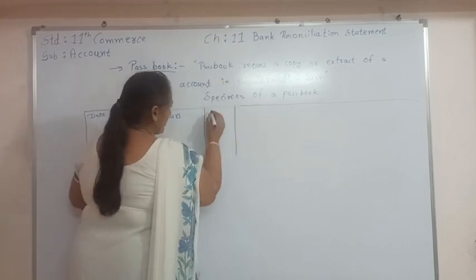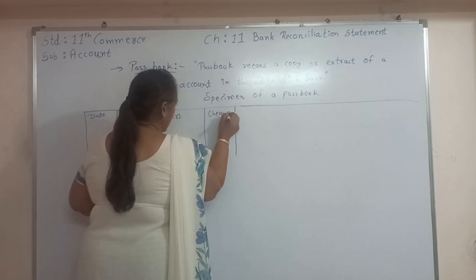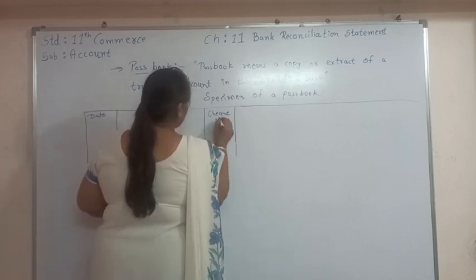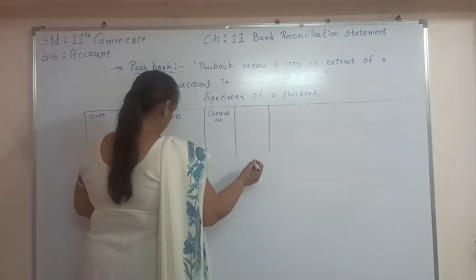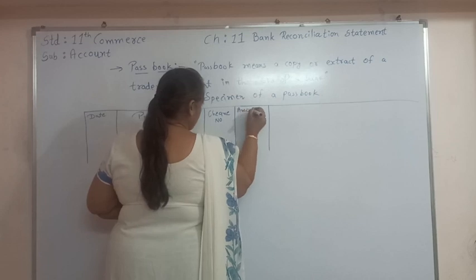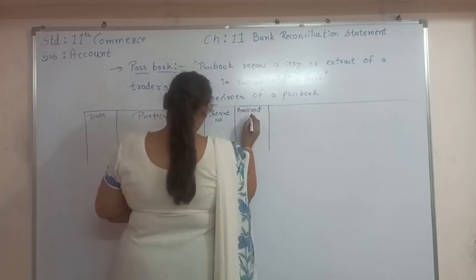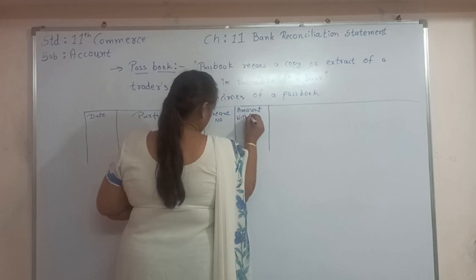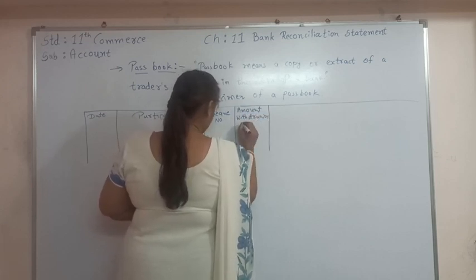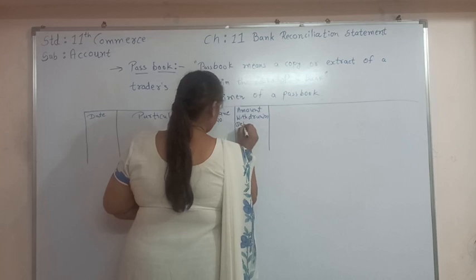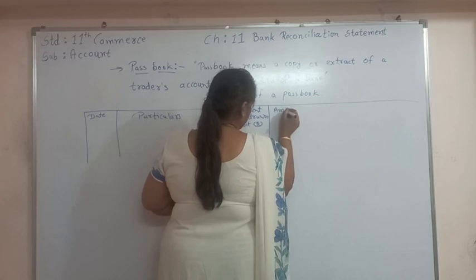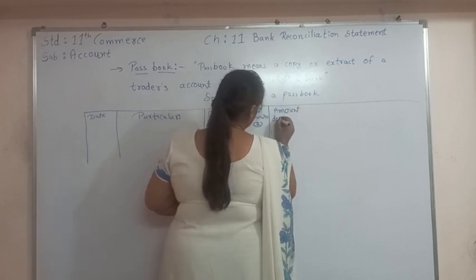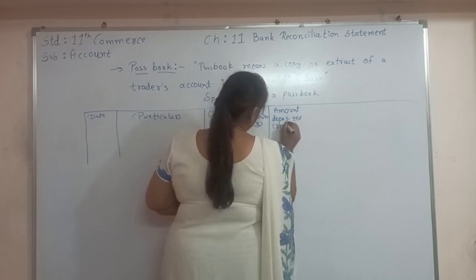Then there is a check number, where we have to write the number of the check which we have written or we have deposited. Then the amount withdrawn, that is debit rupees, and amount deposited, that is credit rupees.